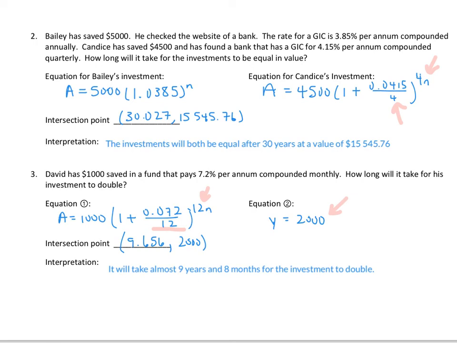When we look at these in our future unit, not this unit, what we're really looking at is solving the equation of 2,000 equals 1,000, and then we have our 1 plus 0.072 divided by 12, all to the exponent of 12n.